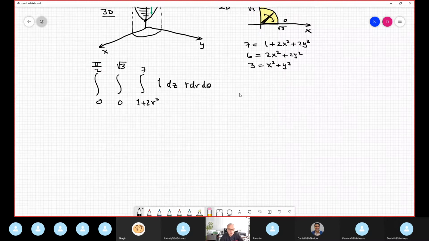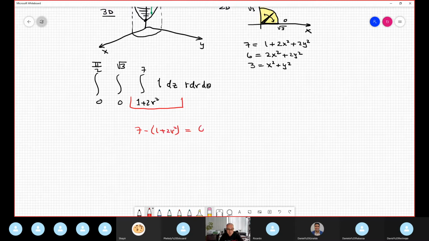So in this integral, the integral of 1 is just z. Evaluating between this, it is 7 minus (1 plus 2r squared).